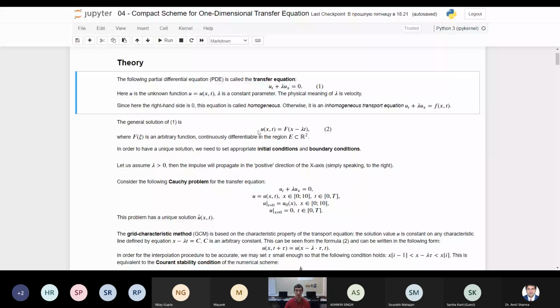Here we will assume that the velocity lambda is positive, meaning that the initial impulse will propagate to the right. And we can consider the Cauchy problem for the transfer equation 1. So we have the original differential formulation of the problem.